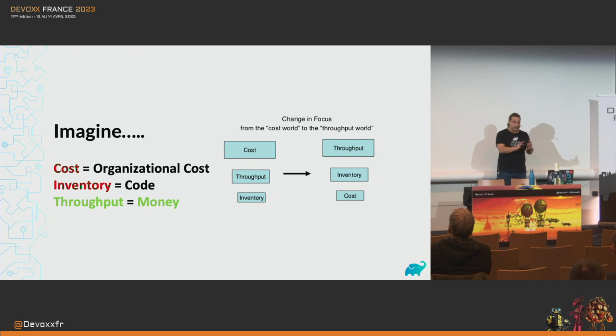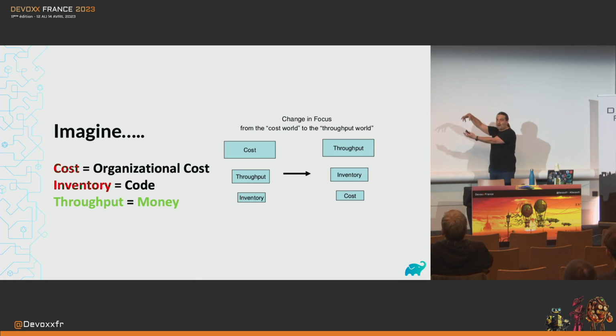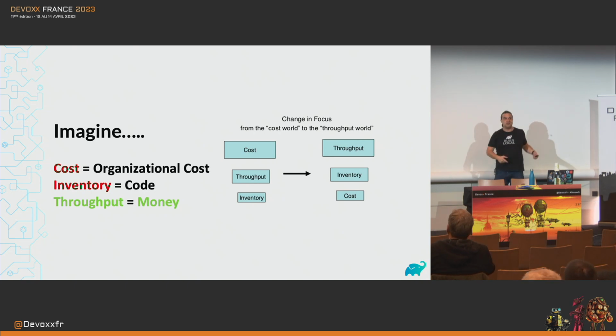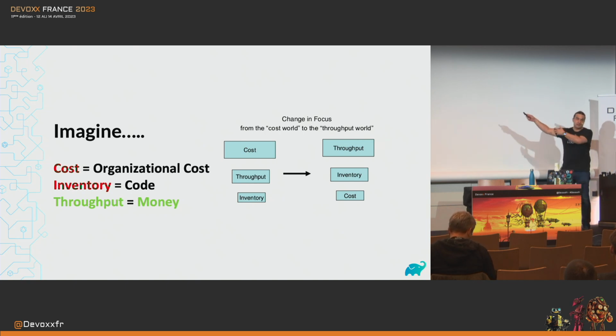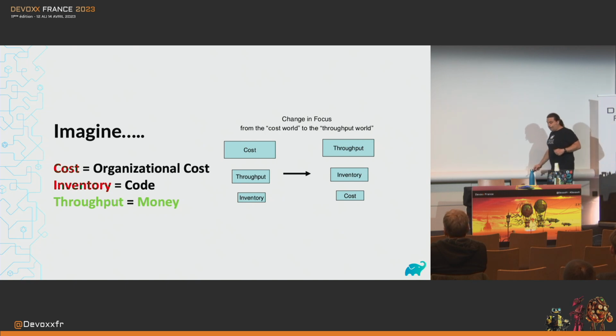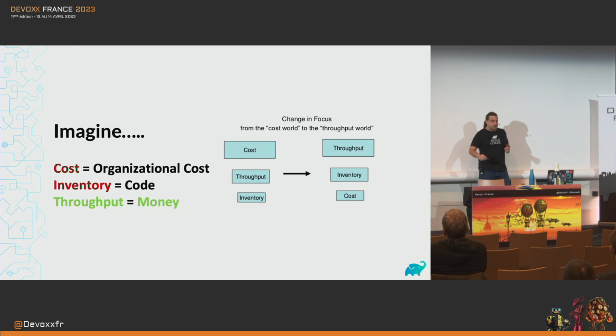So the faster that we can get the source code that the developer is cranking out to a finished artifact that's deployed in production, making money for the business, the better. The tighter we can make that, the less code rot we experience. That's why DevOps has got us doing continuous deployment. We want to decrease that window between cost and inventory and then creating throughput for the business. And it's worked very, very well. Big fan of DevOps and platform and all these other things.